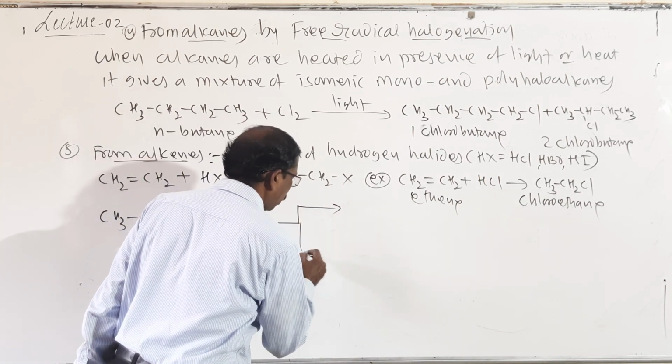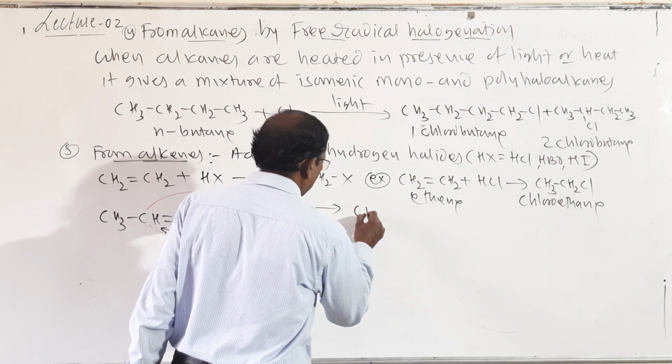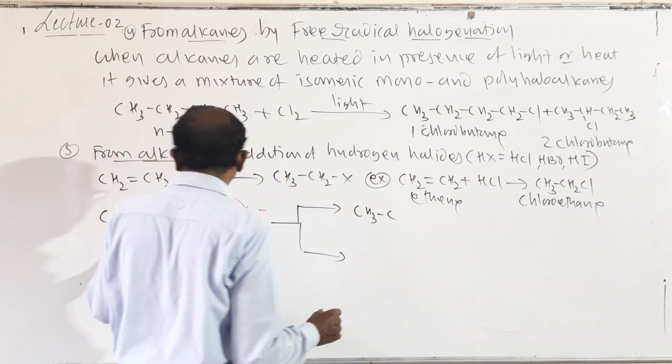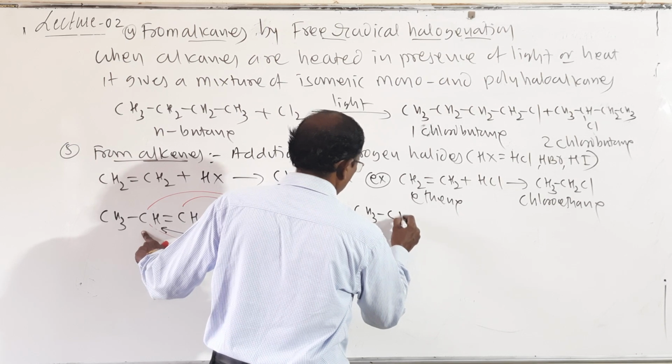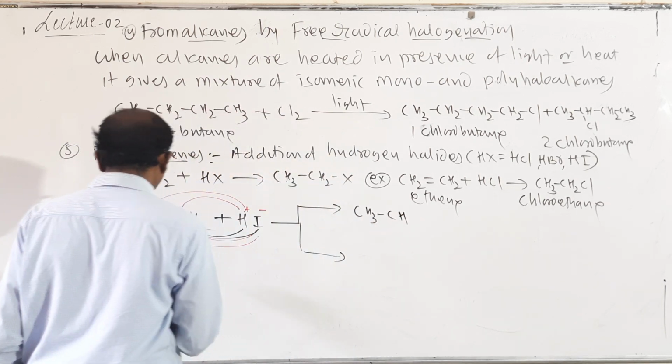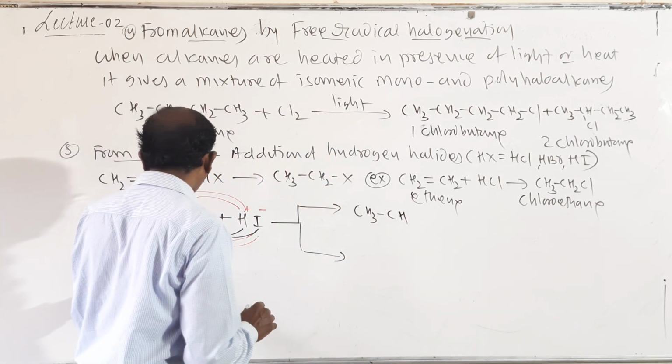It follows Markovnikov's rule. So I will write both here. CH3, CH double bond, CH2.